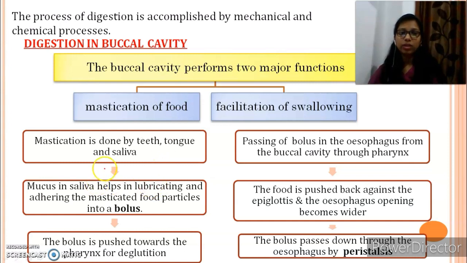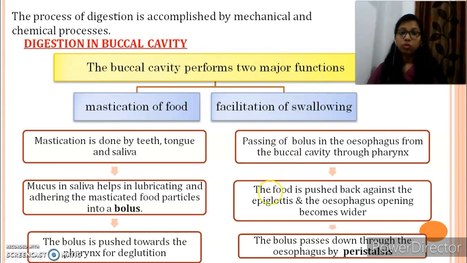After that, the mucus in saliva helps in lubricating and adhering the masticated food particles and makes a bolus. Then the bolus is pushed towards the pharynx for deglutition, which is also known as swallowing. Deglutition and swallowing are the same.